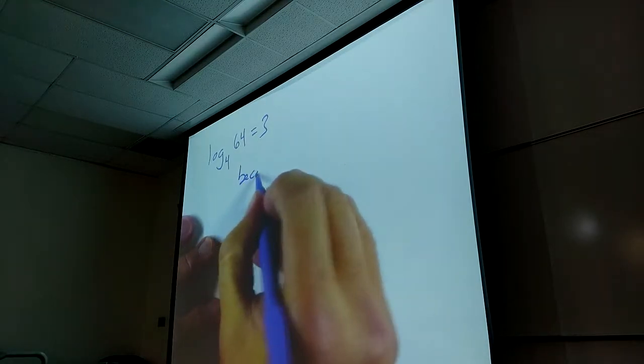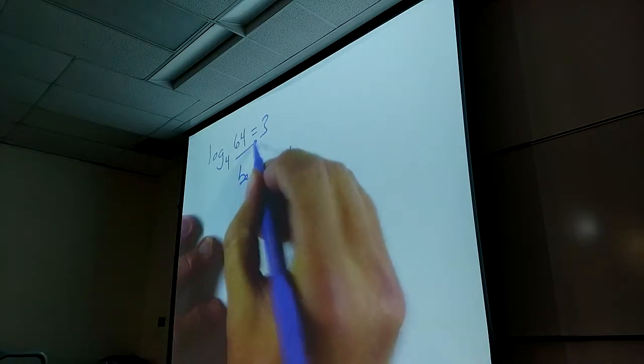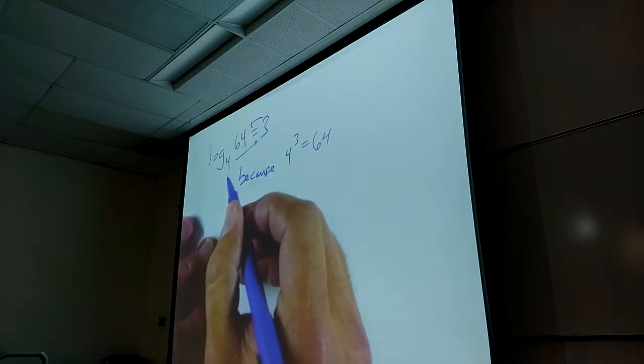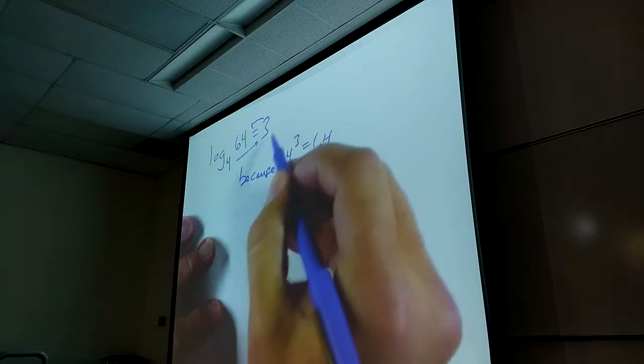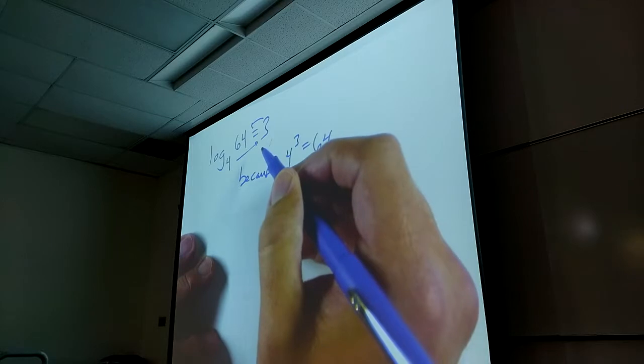So you can say this is true because 4 to the third equals 64. So the output to a log question is an exponent, or a power, depending on which word you want to use.